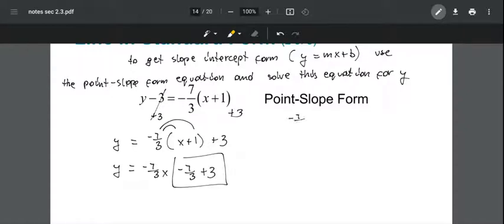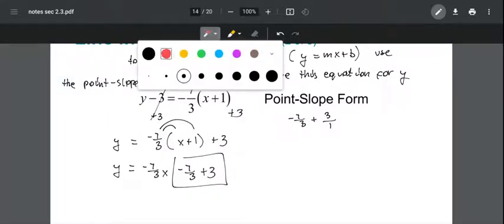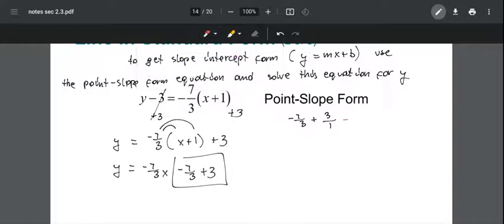So -7/3 plus 3, which is the same as 3/1. I need to create a common denominator, which will be 3. So we multiply top and bottom of 3 over 1 by 3. That will give me 9 over 3.